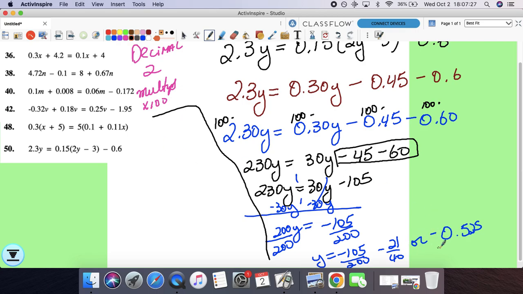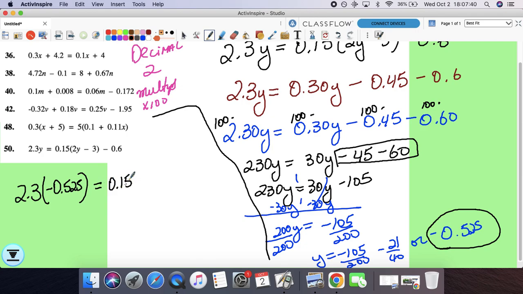So, because everything is decimal, I'm going to choose a decimal value here. 2.3, and instead of y, we're going to write negative 0.525 equals 0.15 times 2 times negative 0.525 minus 3, minus 0.6.